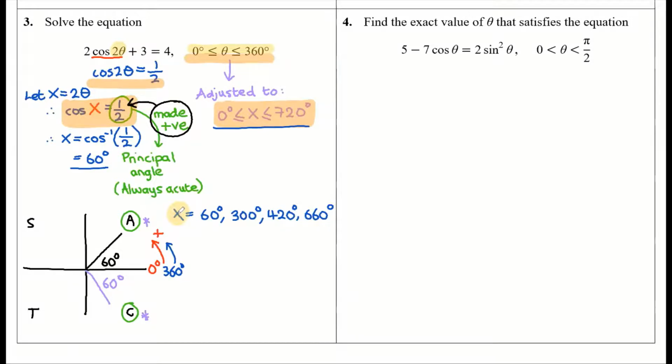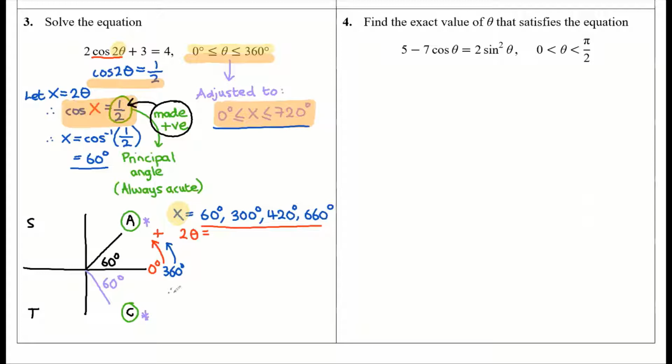Now we need to solve this equation in terms of theta. So now we can go back to our theta, and we know that all these values here are equal to 2 theta. Okay, 2 theta is equal to all of these. So we just have to divide by 2 to get our values of theta.